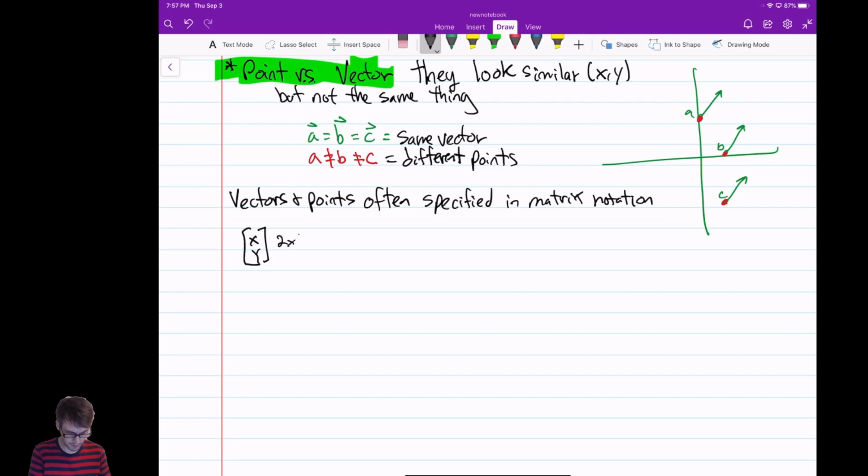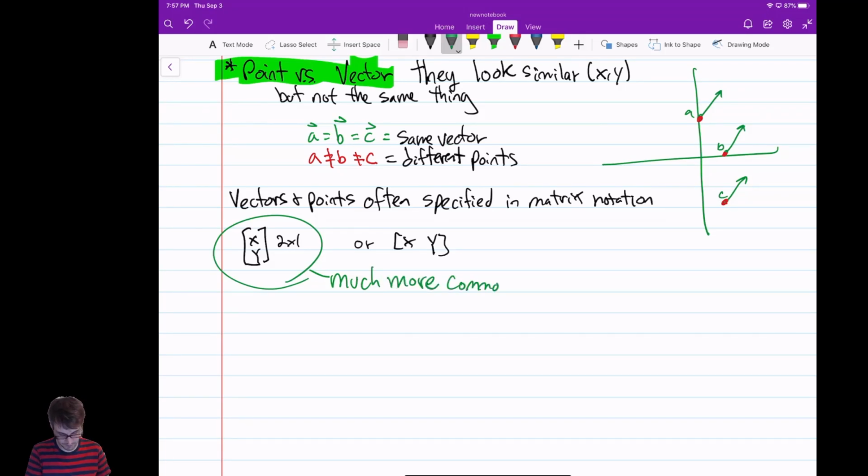We typically write the 2x1 matrix. Remember, for matrices, you count down first and sideways. You can also do them the other way, but I will say that the column form is much more common in graphics. It doesn't really matter, it's the same value at the end of the day.